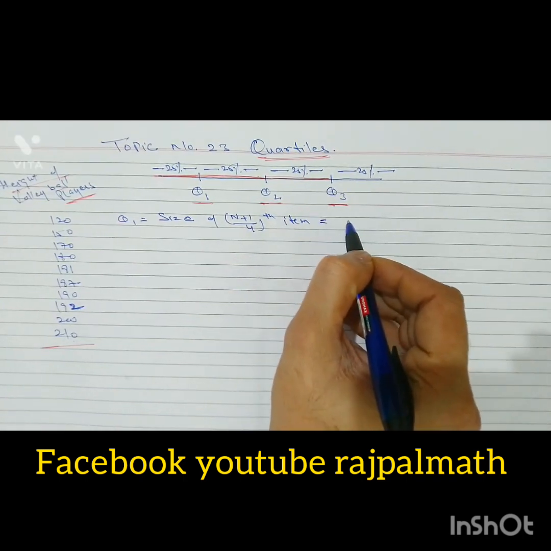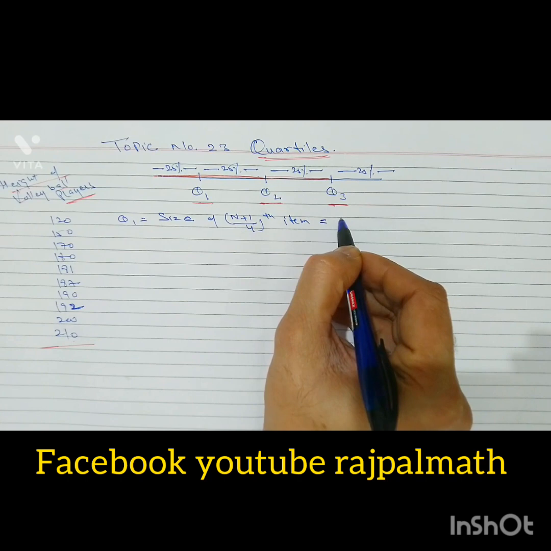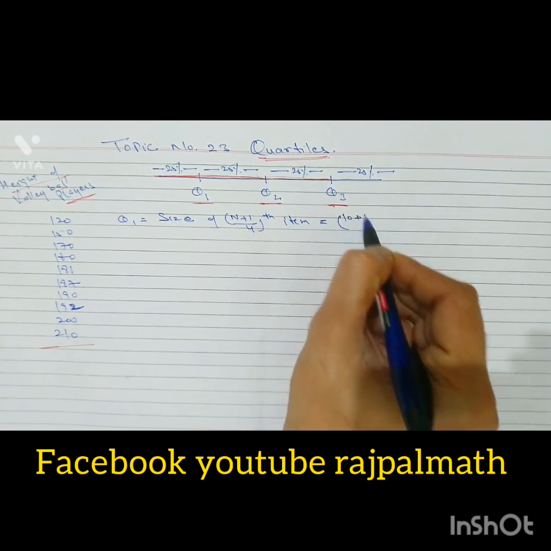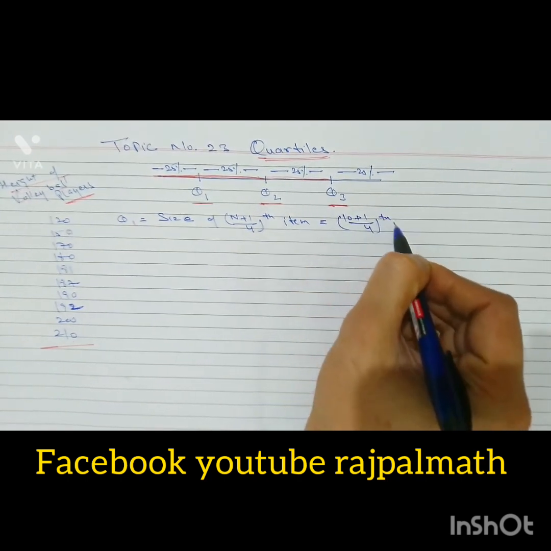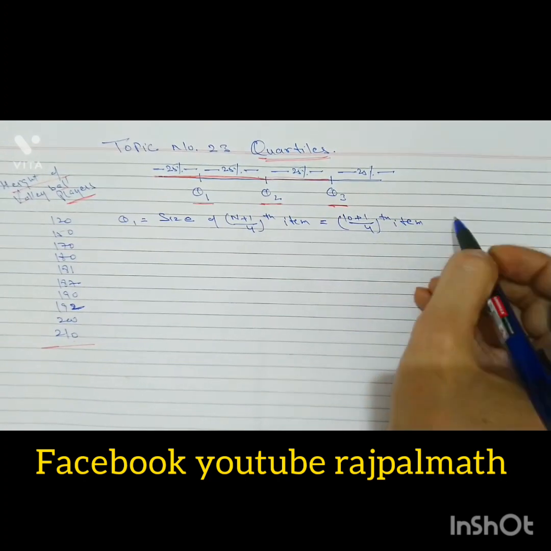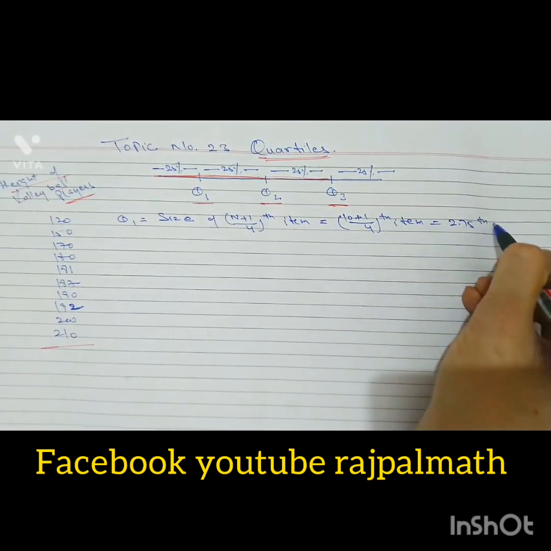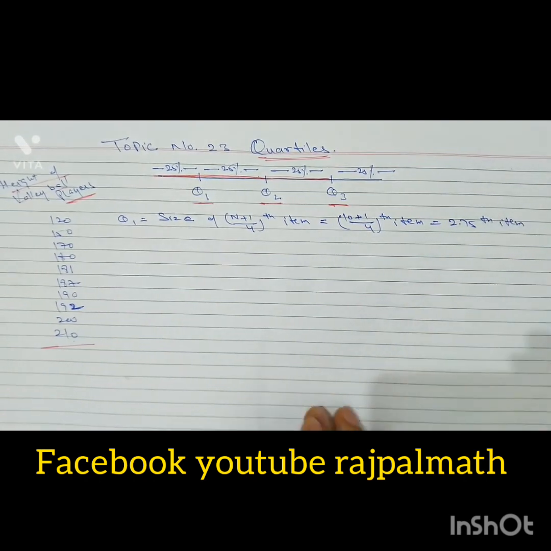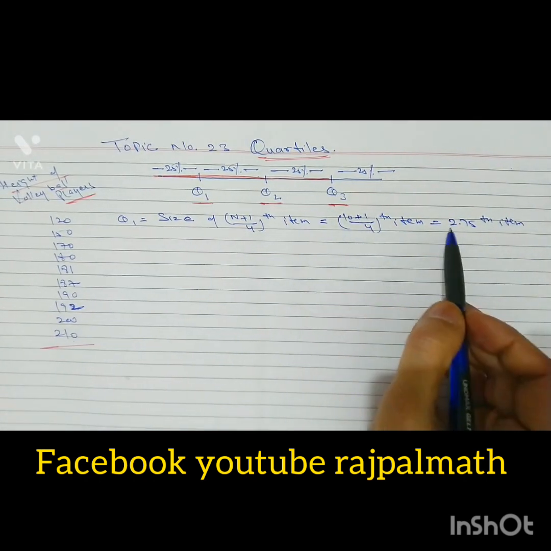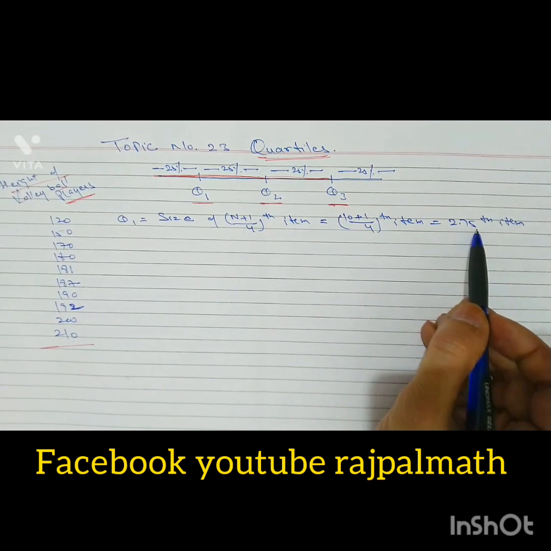That equals 10 plus 1 by 4th item, which is equal to the 2.75th item. Clear? 11 by 4 is 2.75.